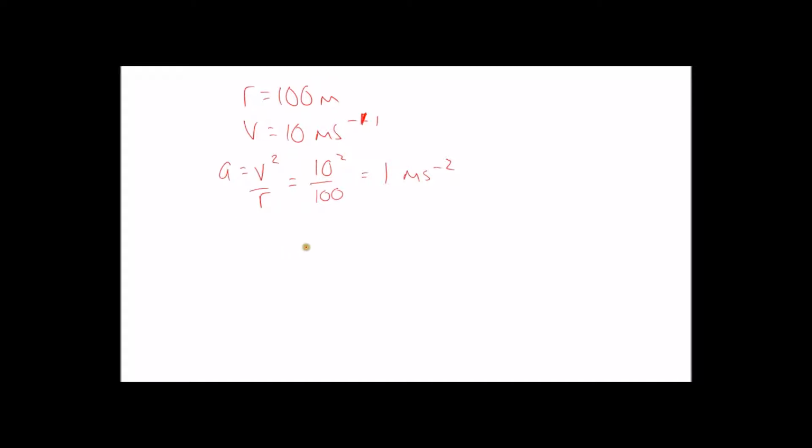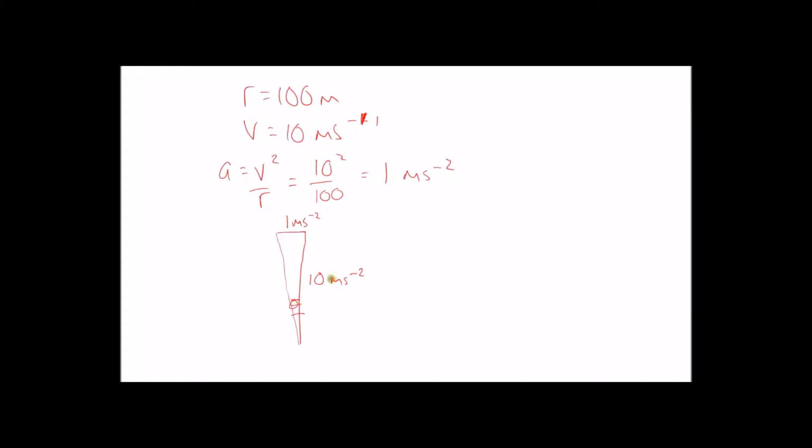Now, when we're thinking about the angle here, let's think about our two vectors. Sorry, this is meant to be at right angles. We've got acceleration of 1 meter per second squared in this direction, and we've got the acceleration due to gravity, which is 10 meters per second squared in that direction. So our total acceleration vector is going to be on that angle, and then we can find the angle here.